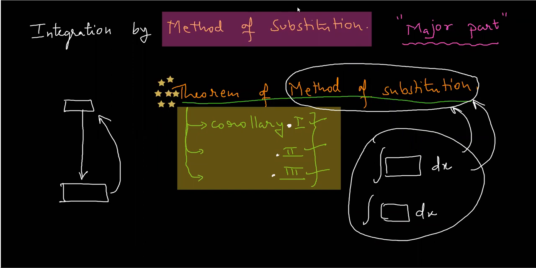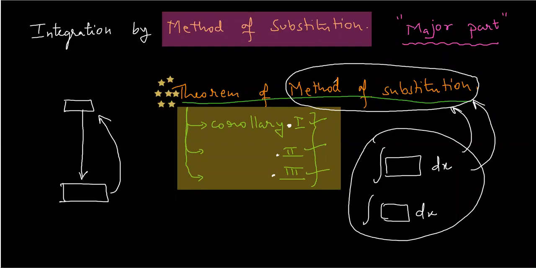Let me first teach you all the corollaries. Then in some lecture, I shall prove this method of substitution theorem, and then I will relate these corollaries with it, and you will find that you have understood everything. It is very convenient for me to do it this way.